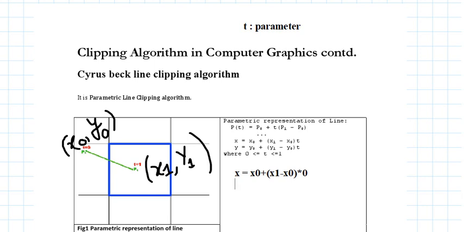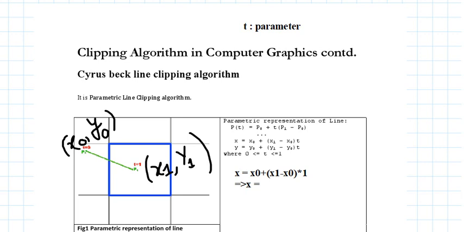So what will be the value of x then? x0. That means if in this equation you put the initial value of t, then you are getting the initial value of x. Then put the final value of t in this equation, which is 1. Then what is going to be the value of x?